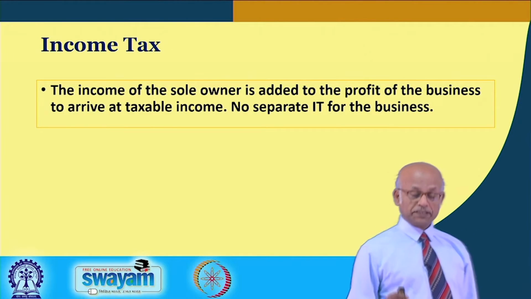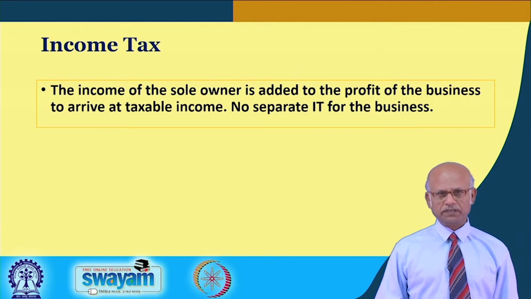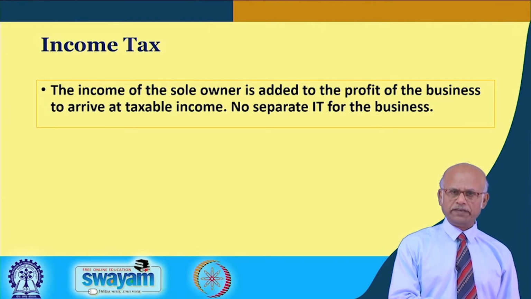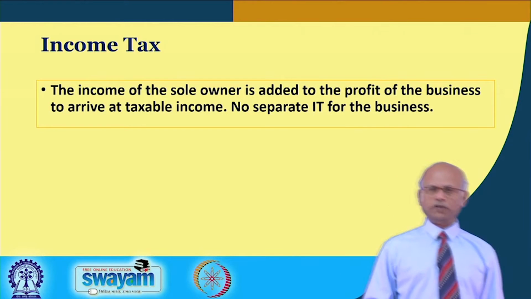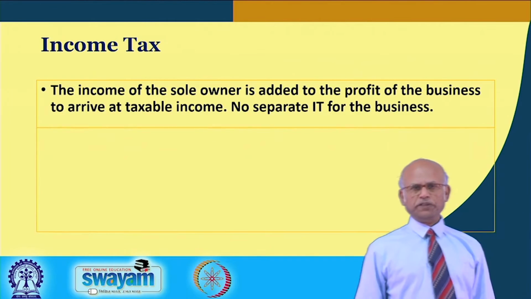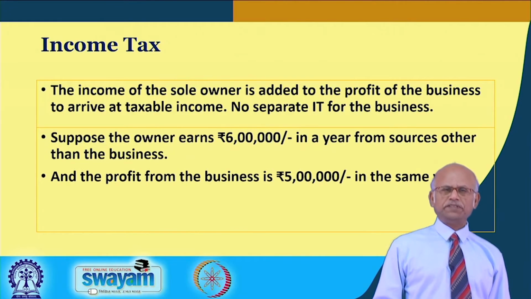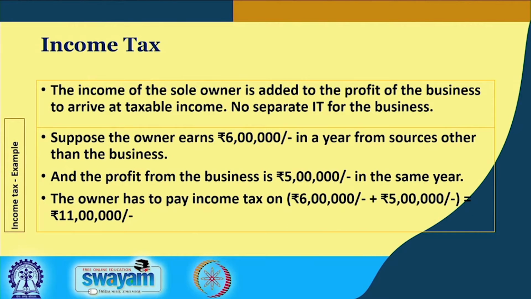As regards income tax, because proprietor and business are not separate, the income of the business is clubbed with the income of the proprietor. If the proprietor has any other source of income, the two are clubbed together, and income tax is decided based on the individual's income tax. A simple example: suppose the owner earns 6 lakh rupees from some other source, and the business also makes a profit of 5 lakh rupees.